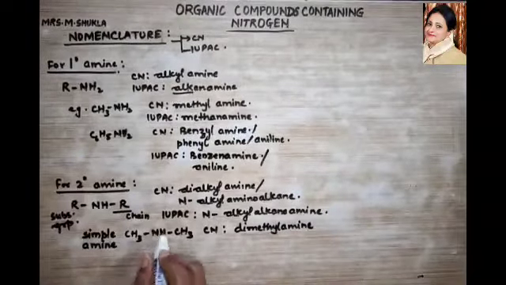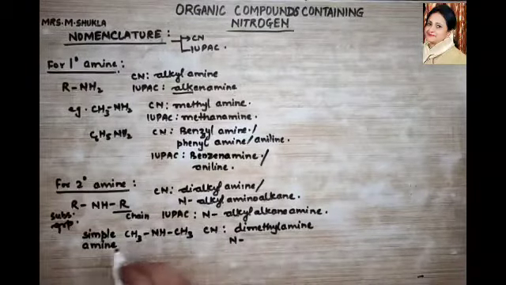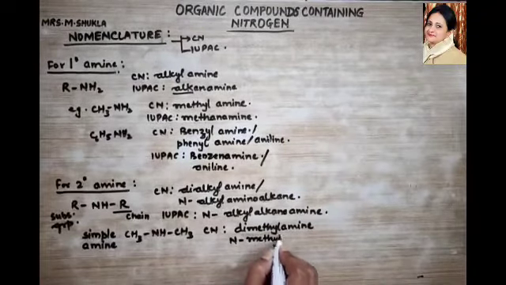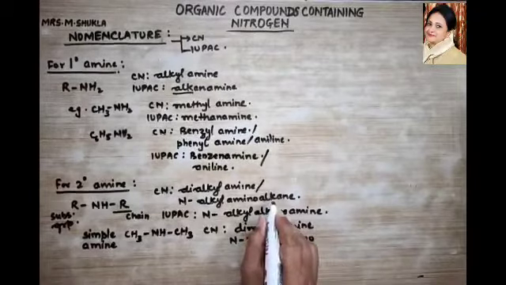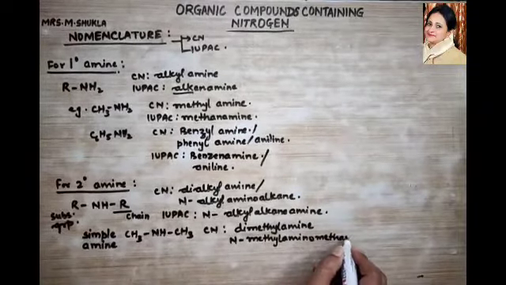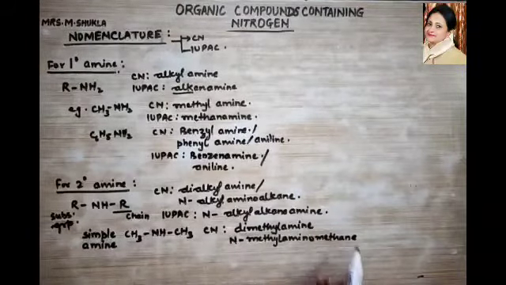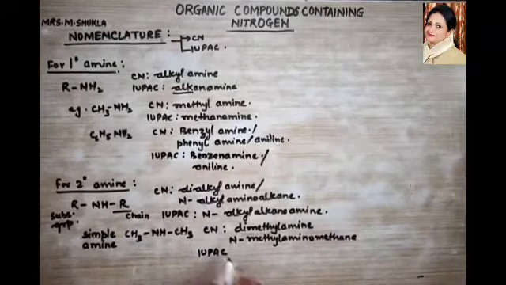It can also be written as N-methylamino methane, since the alkyl group is methyl and the alkane is methane. So its common name could be dimethylamine or N-methylaminomethane.